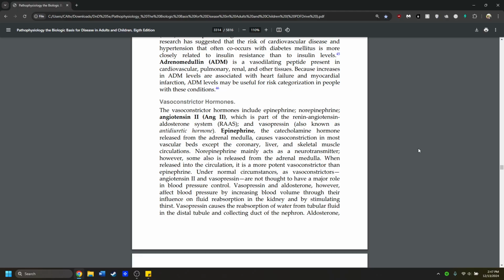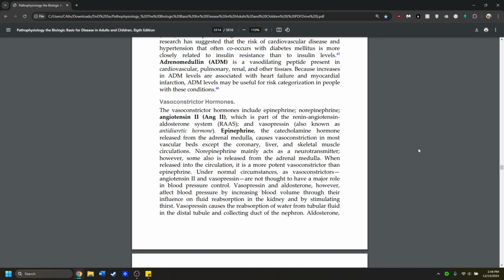Under normal circumstances, angiotensin II and vasopressin are not thought to have a major role in blood pressure control. Vasopressin and aldosterone, however, affect blood pressure by increasing blood volume through their influence on fluid reabsorption in the kidneys and by stimulating thirst.